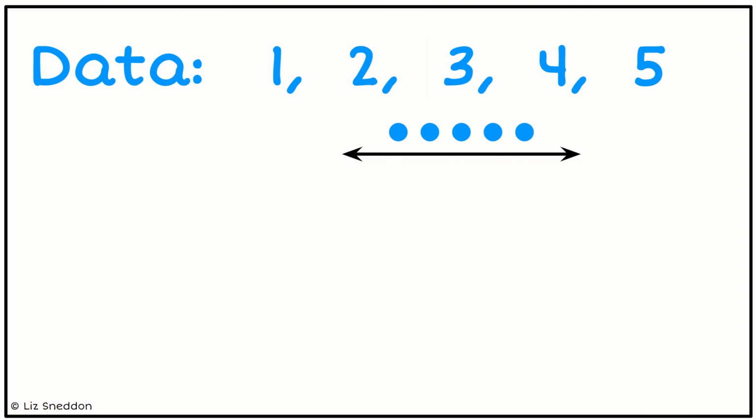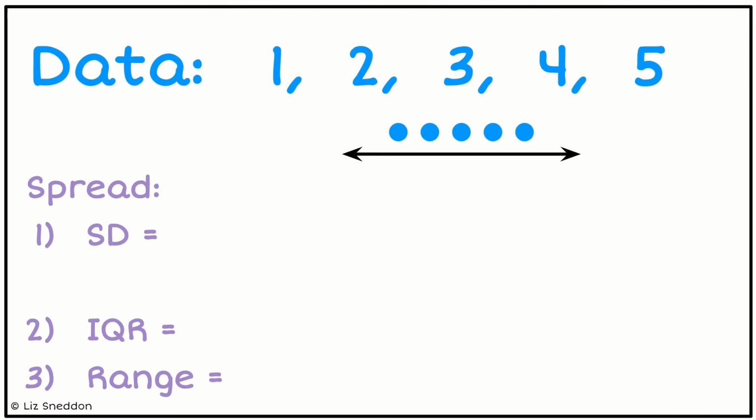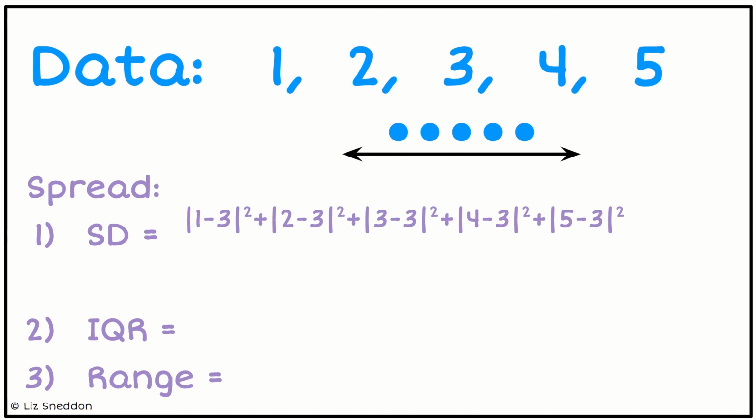Let's do the same thing with our spread. There are 3 ways that we can do our spread of this data set: standard deviation, interquartile range, and range. So to find the standard deviation, I take each data value. I start with the data value of 1. I subtract the mean from it. Remember, our mean was 3. I take the absolute value of that and square it.